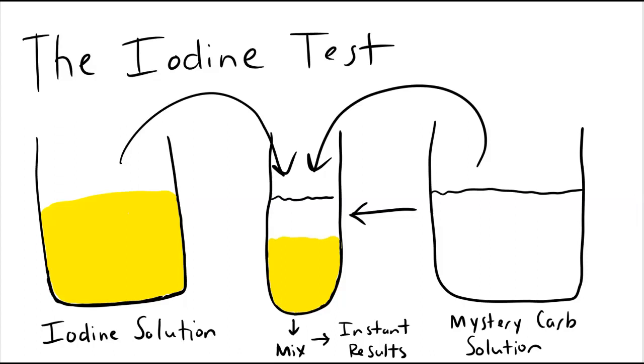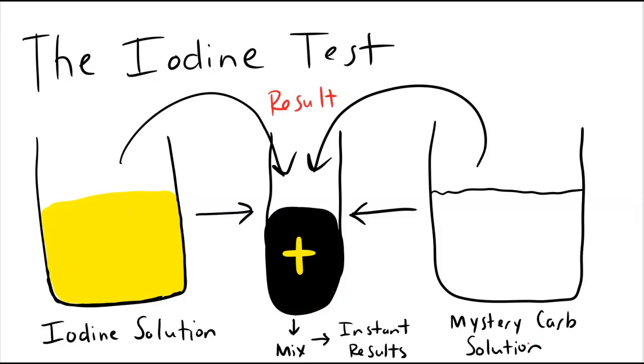So here's how the iodine test works. You take iodine, which is yellow in color, and you mix it with the mystery carb solution, and when there are polysaccharides in that mystery solution, the color will turn to a dark bluish black.